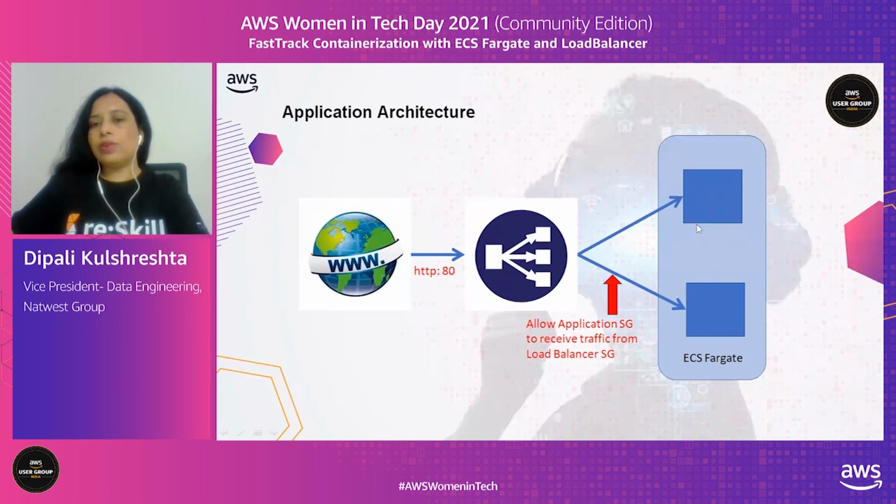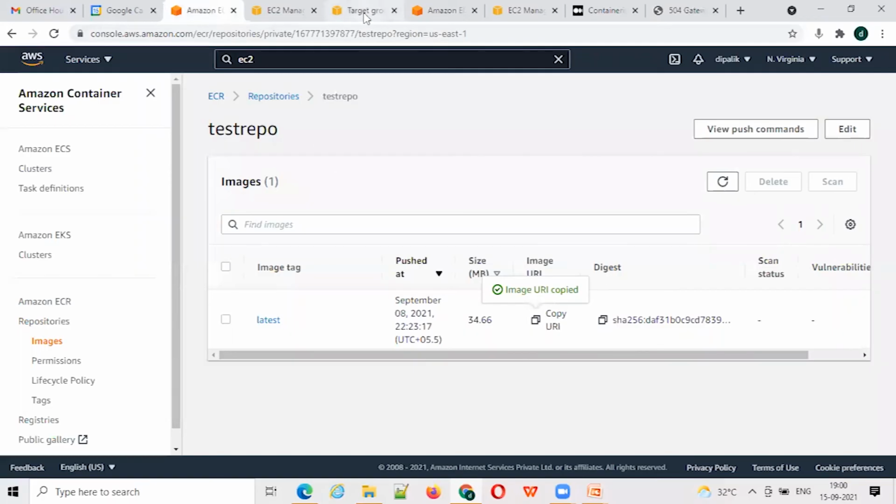But we have still not instructed our ECS Fargate security group that it can allow traffic from this particular load balancer. We have defined the source and target, but we still have to open that tunnel. So now we need to modify this ECS Fargate security group to allow any traffic from this load balancer security group. So let's do that.